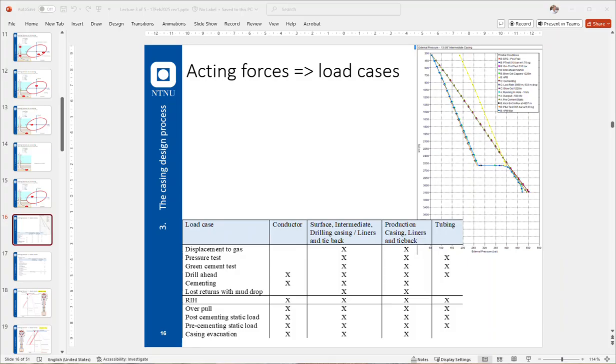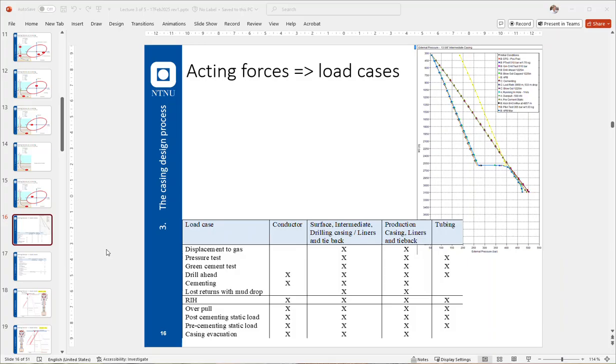They are predefined in most operators' governing documentation, and we will have a separate session on governing documentation later on because, as you will see later on, there are things there that pertain to casing design. It's a lot about integrity, and that's why governing documentation has to be part of these 6 lectures that we do.